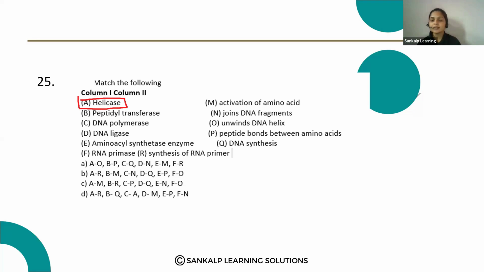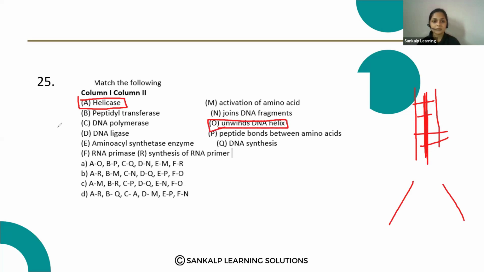It unwinds the DNA, breaking down the hydrogen bonds between the two strands of the double-stranded DNA and separating the strands. The options are activation of amino acids, joins the DNA fragments, unwinds the DNA helix. So option A, O, is the correct answer.